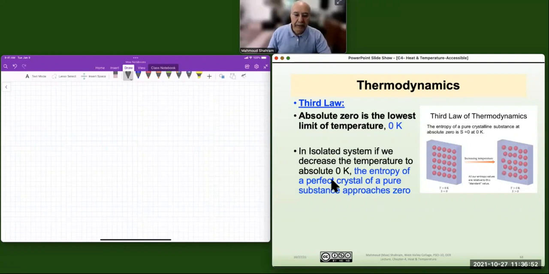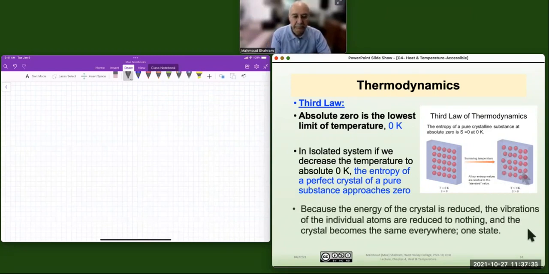Now, if we have an isolated system like this crystal, and you decrease the temperature to 0 degrees, the entropy of a perfect crystal of a pure substance approaches 0. The other way, if you increase the heat, the entropy becomes larger. So that's basically all we want to talk about in this chapter.